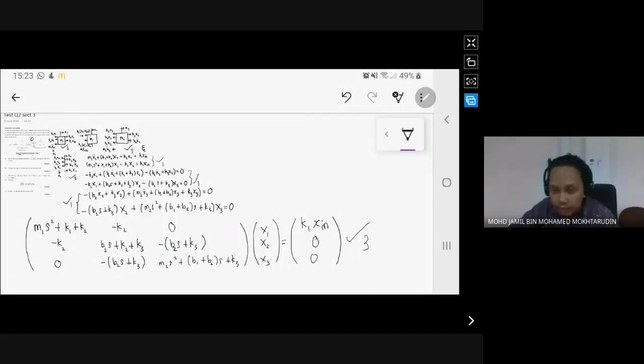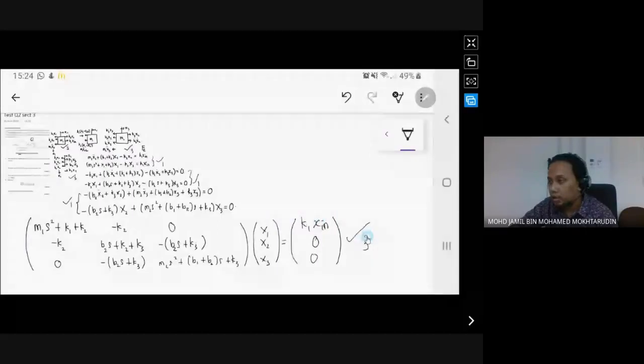Yes. So tadi kalau dekat free body diagram tak ada K1, dekat equation ni tak ada K1 juga, kalau sini suddenly ada K1, tolak 1 markah. Kalau sini tak ada K1, sini tak ada K1, sini tak ada K1, saya tak tolak markah. Saya bagi 3. If you are not consistent, you minus lah 2 marks.